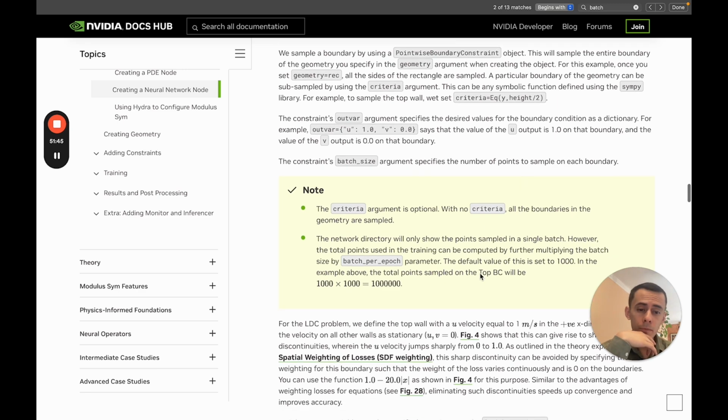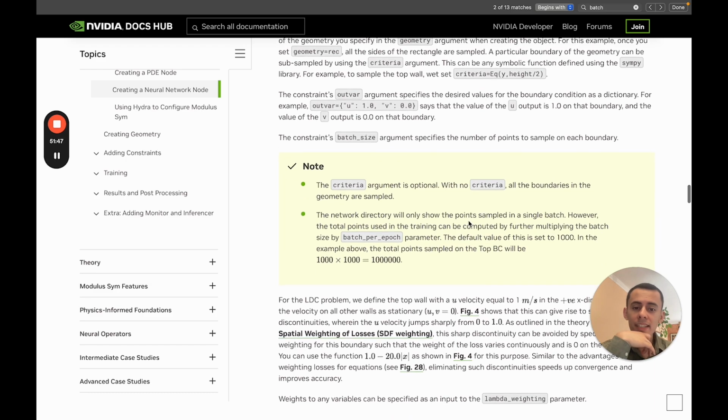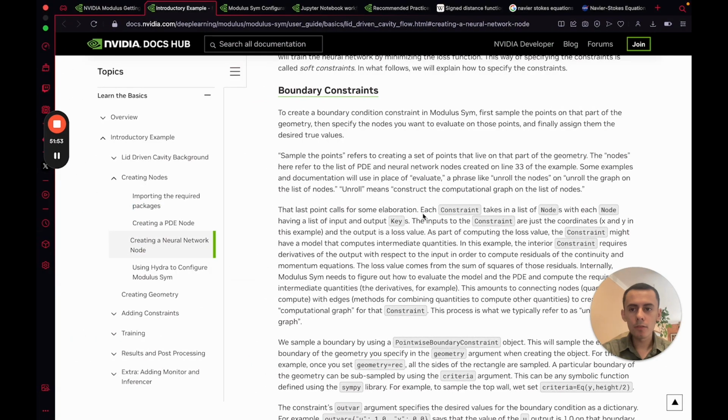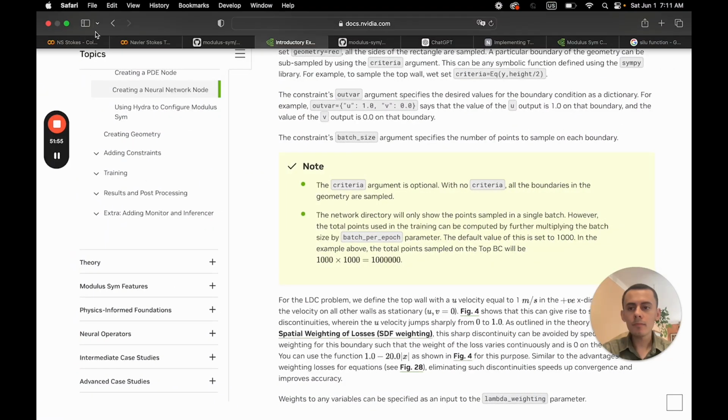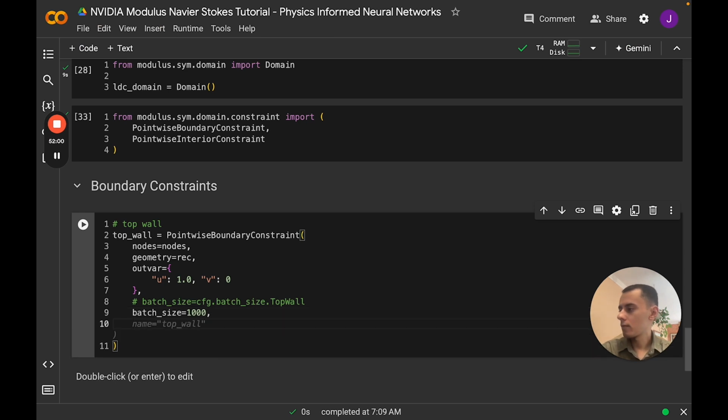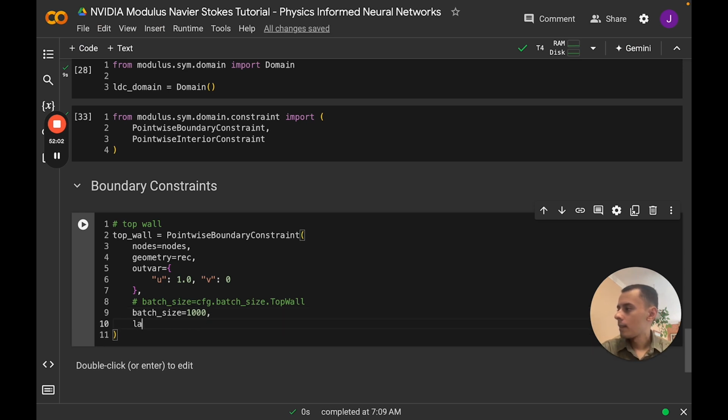That's a lot. Fair enough. The criteria argument is optional. With no criteria... oh, that's another parameter anyway. So we're here. The batch size is 1000. How many points to sample in the boundary? Lambda weighting. Well, there's a lambda weighting parameter. We're going to wait for that one.